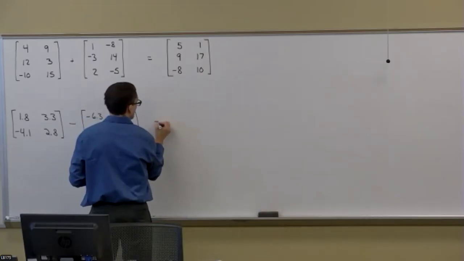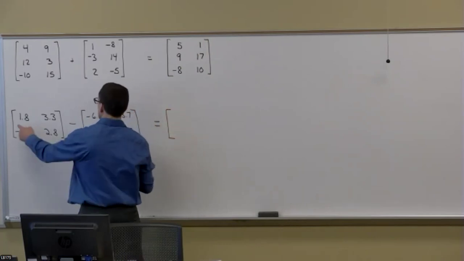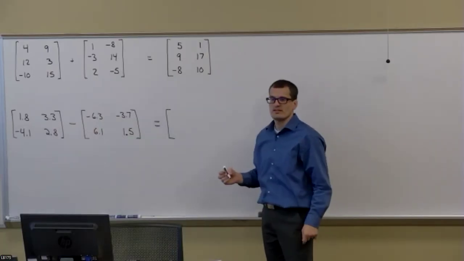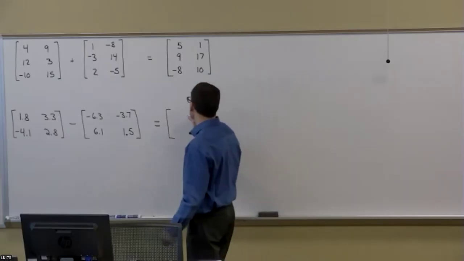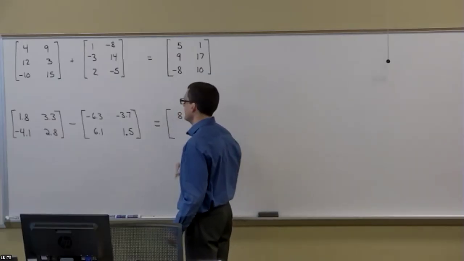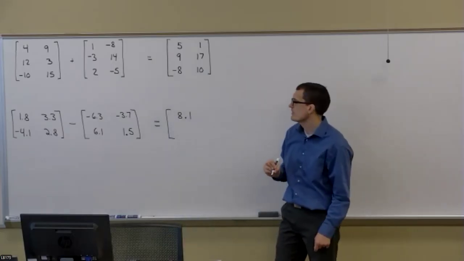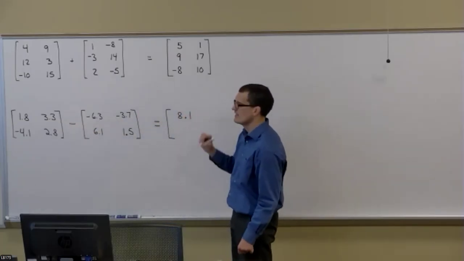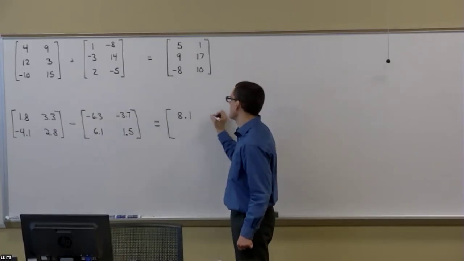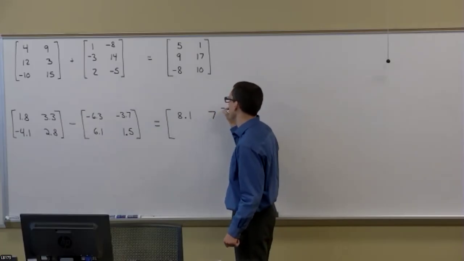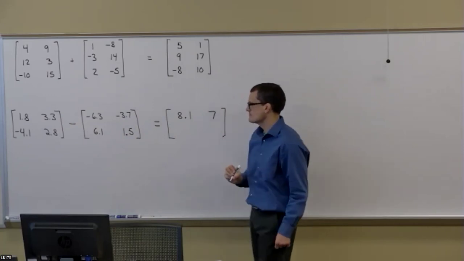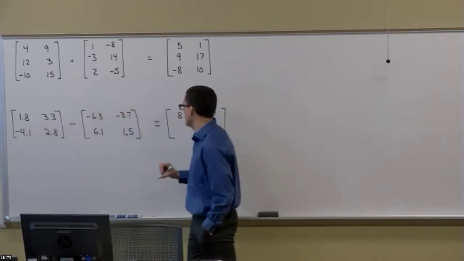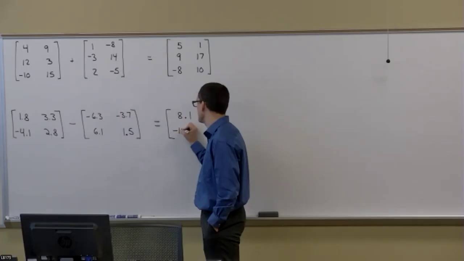When we subtract, 1.8 minus a -6.3, that's like adding 6.3, we end up with 8.1 as the first entry. When we take 3.3 minus a -3.7, again, that's like adding 3.7, we're getting a 7 or a 7.0. -4.1 minus 6.1 is a -10.2.